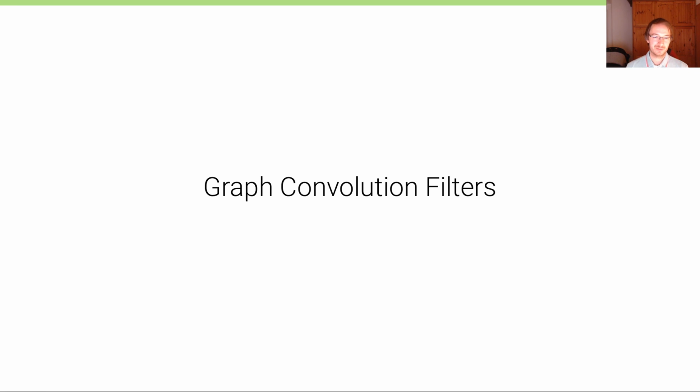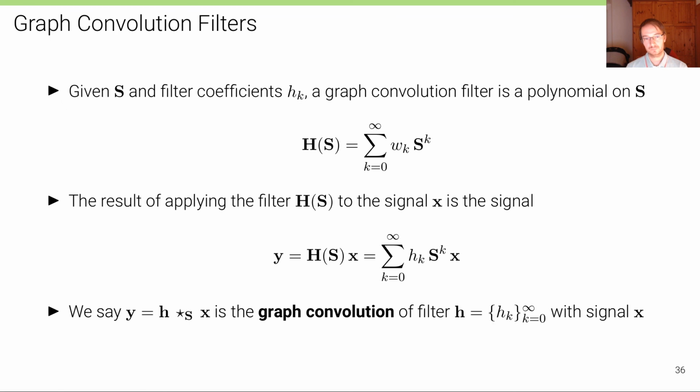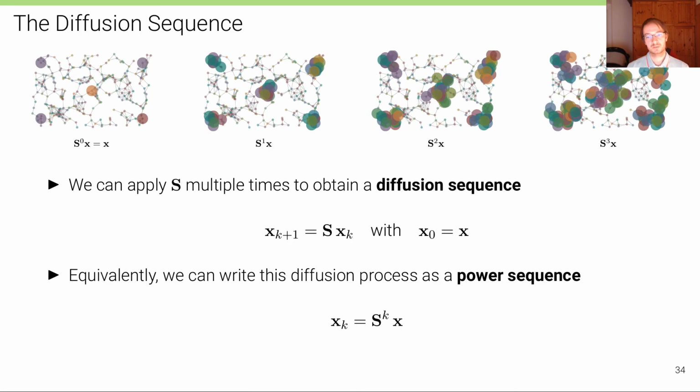So now we're ready to define graph convolution filters. Graph convolution filters, as mentioned before, are the basic building block of graph convolution networks. We've seen how such a power sequence defines a diffusion process. And with each k, we have a different state of diffusion.